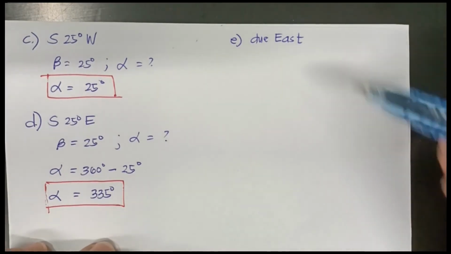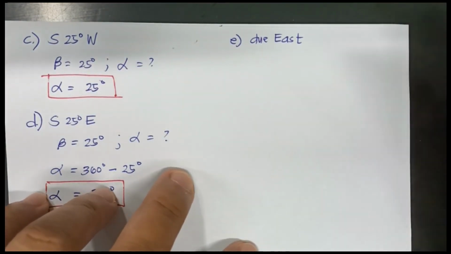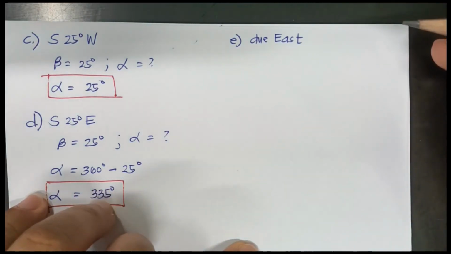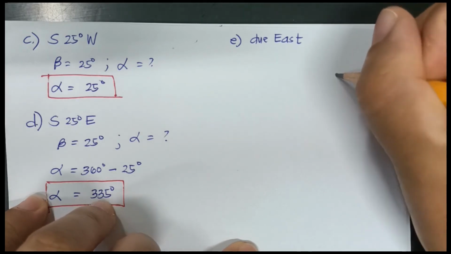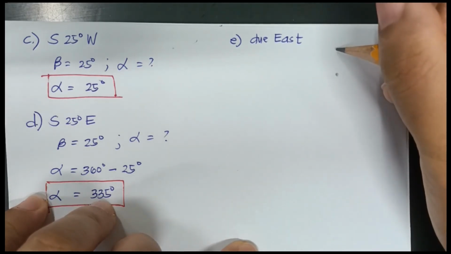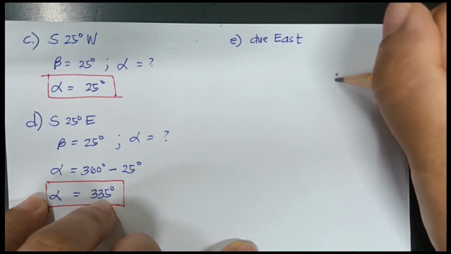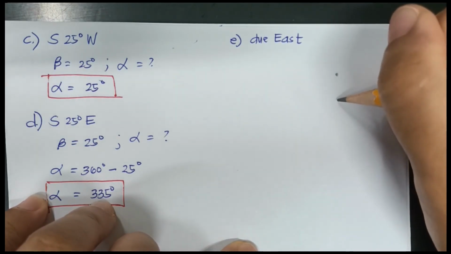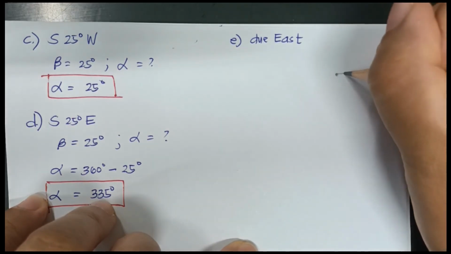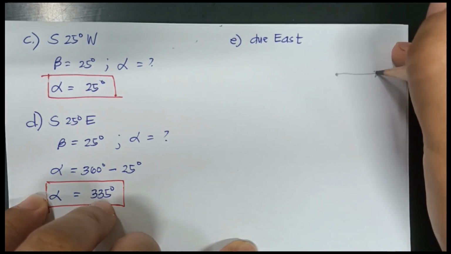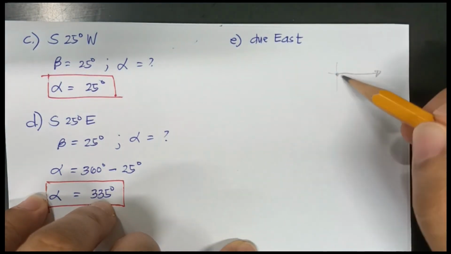For E, that is due east. If we are going to illustrate that one, this is your initial point. If you go up, that is due north. If you go on the left, that is due west. If you go down, this is due south. If you're going to the right, that is your due east. What is the azimuth of this line?